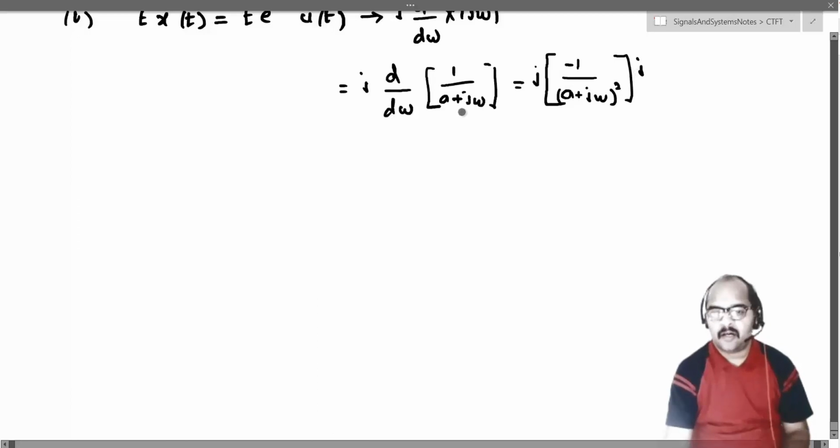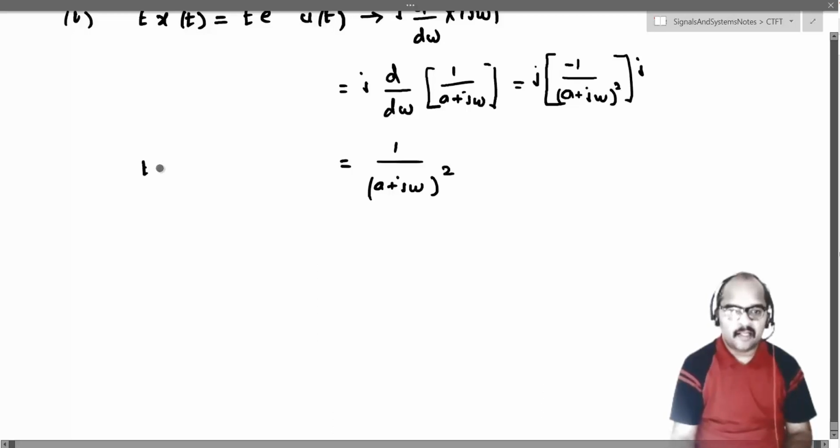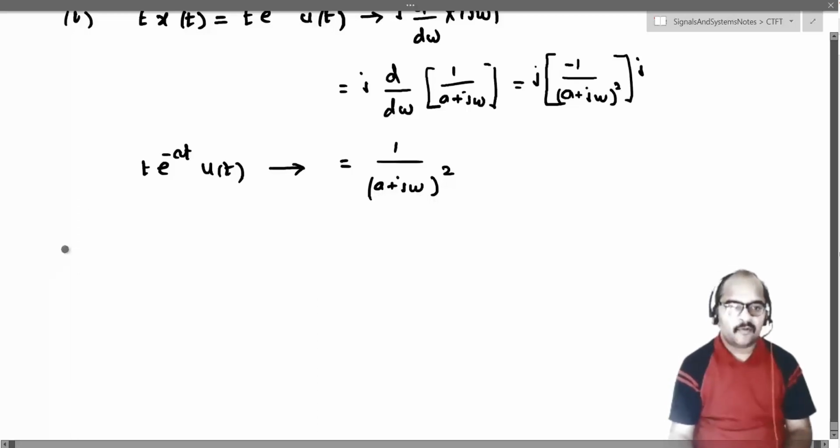Why? You have to again differentiate a plus j omega, you get j here. So this simplifies to how much? j into j is minus 1, minus 1 into minus 1 is plus 1. So you will get 1 by a plus j omega whole square. So what did we get? t times e power minus a t u of t will have 1 by a plus j omega whole square as the Fourier transform.